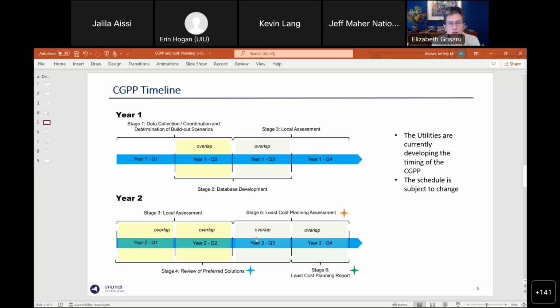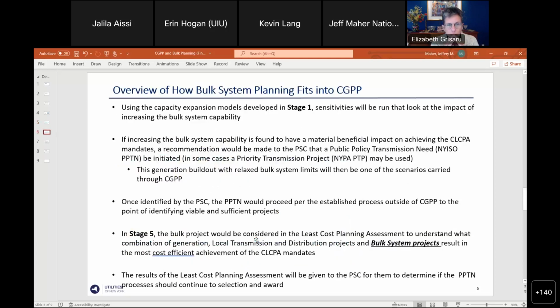Sure. I think Erin Hogan had her hand up. Yeah, and I have a number of questions, so I'll just start building upon some of the things Kevin had highlighted. And perhaps, well, this timeline is helpful. Could you go to the next slide? And it gets down to, there's the timing of the PPTN that Kevin described, but there's also the premise that you're making a judgment call by expanding the pipe capacity, that PPTN is going to be better than locating resources closer to load.